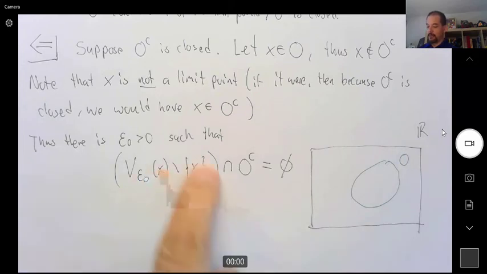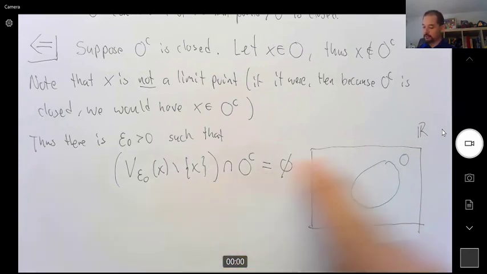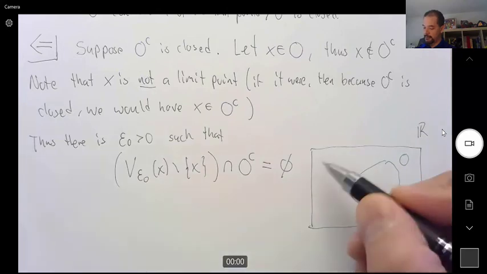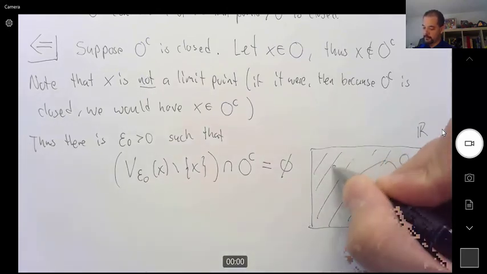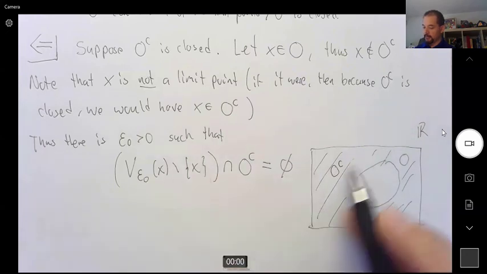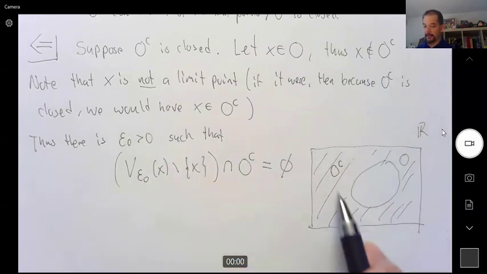And I know that my neighborhood, except for X, does not intersect O complement. The intersection with the outside is empty. This is O complement, that's the outside. And this set over here does not intersect the black. It doesn't touch the black.